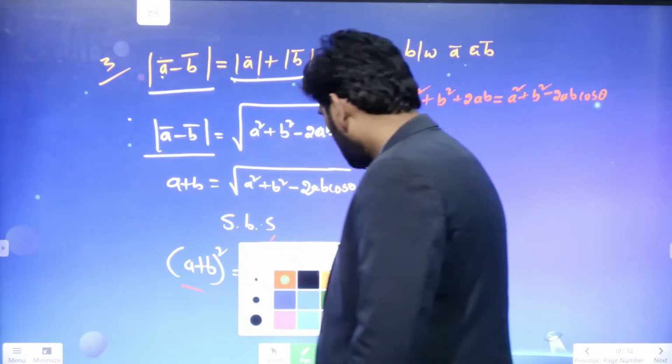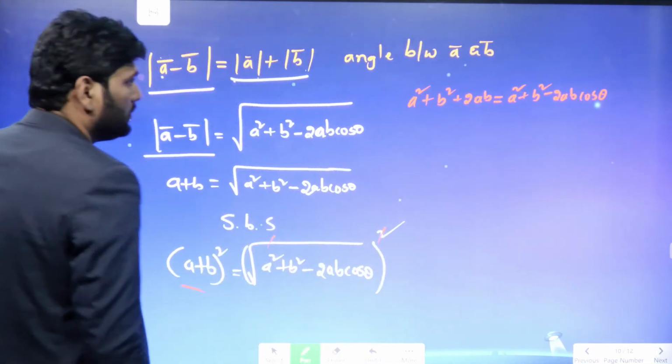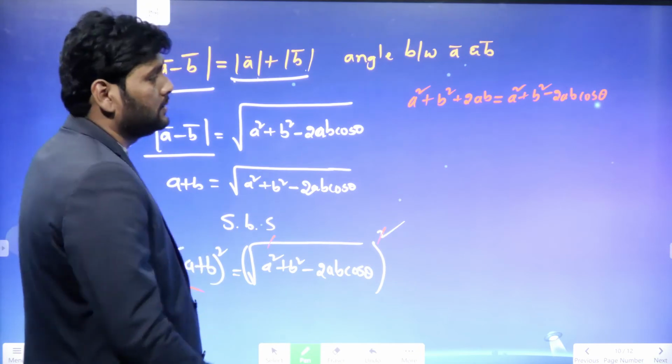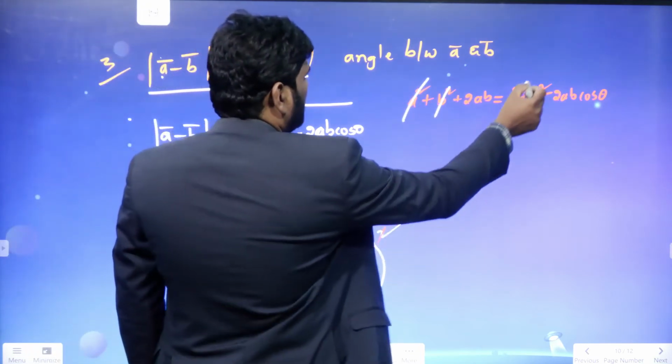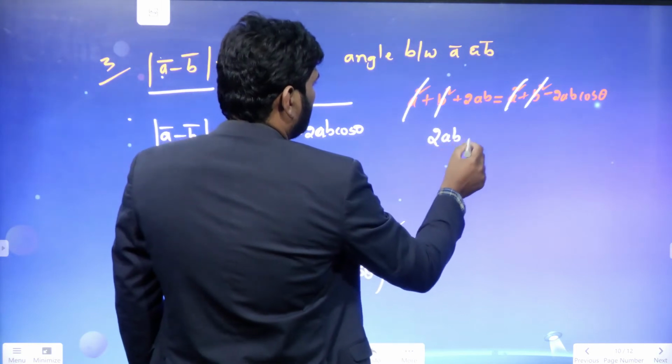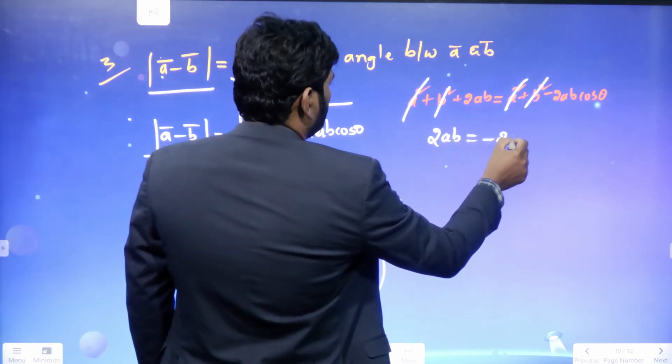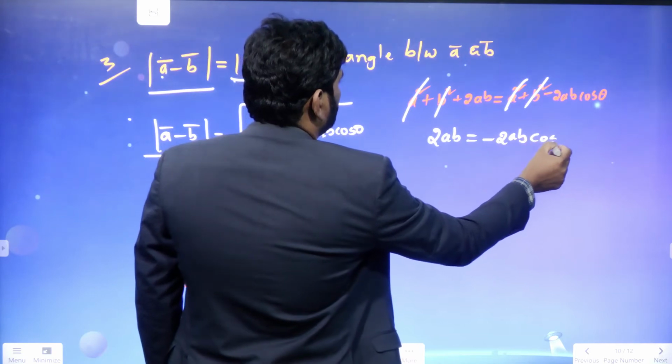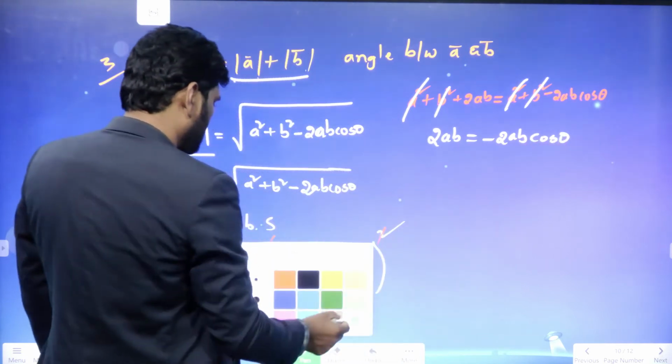Now a square and b square get cancelled. The remaining equation is 2ab equal to minus 2ab cos theta. So what is the thing here?